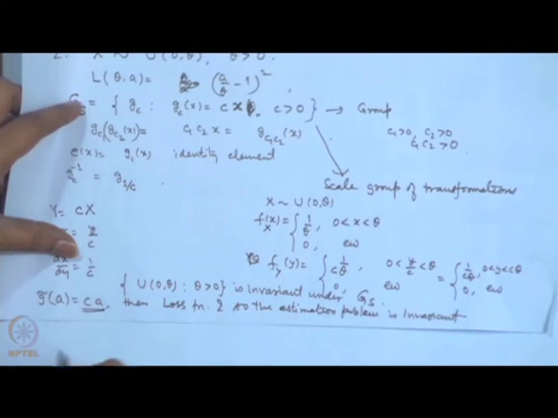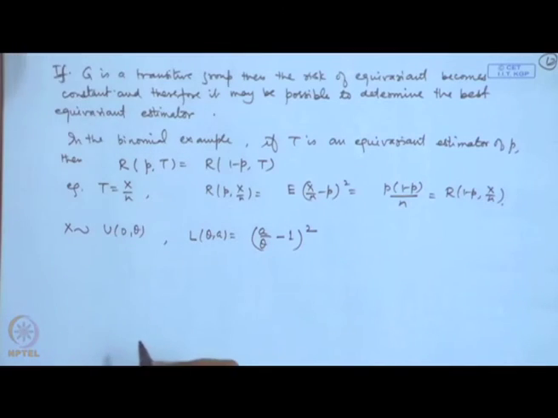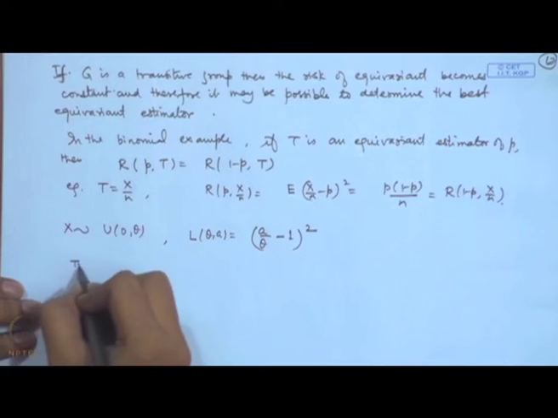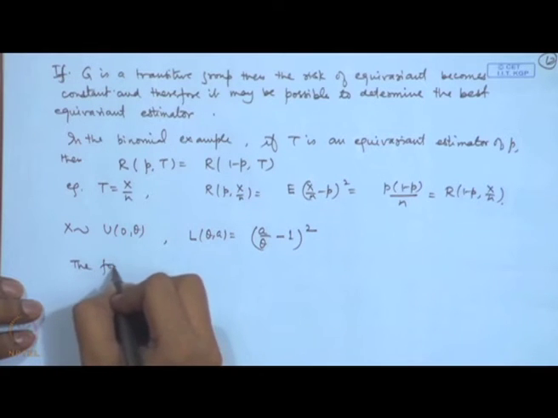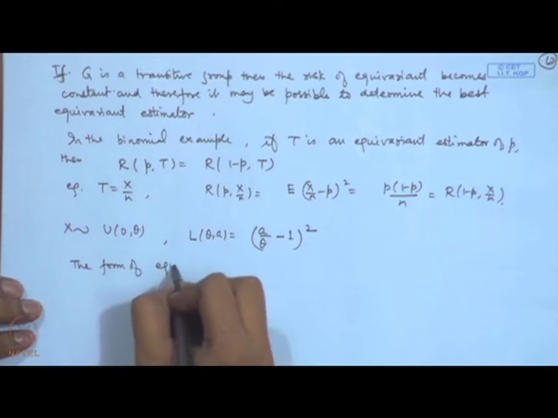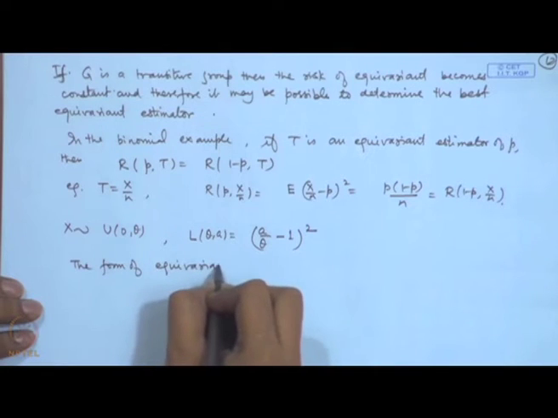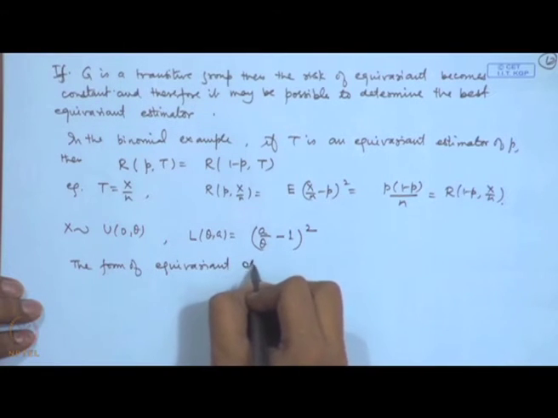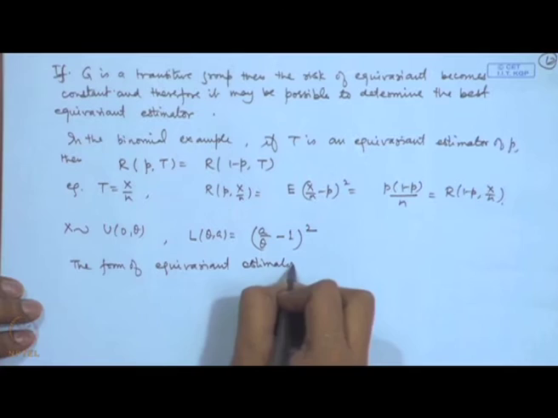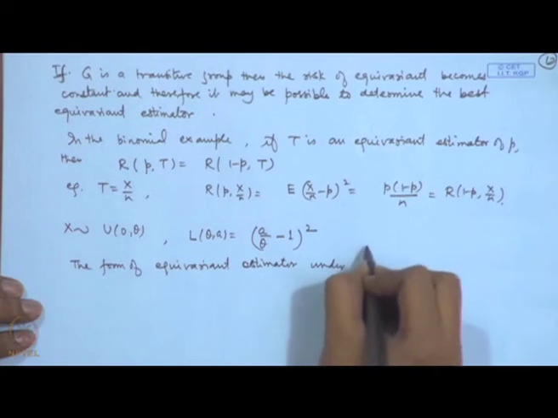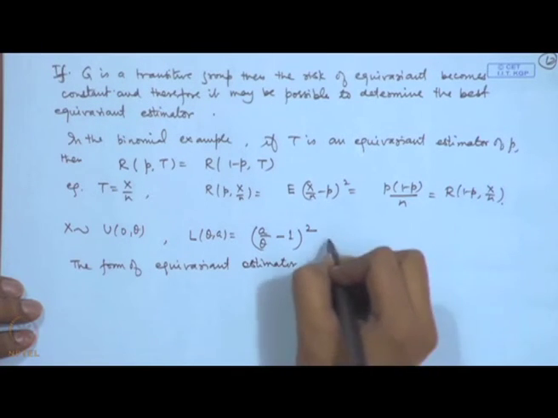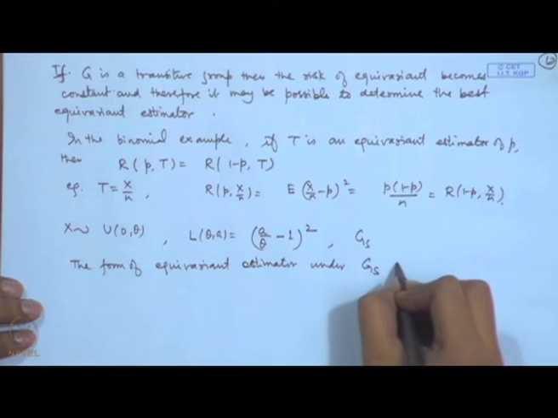So, what will be the form of an invariant estimator then? Let us consider the form of the equivariant estimator under the group G_S, the scale group.